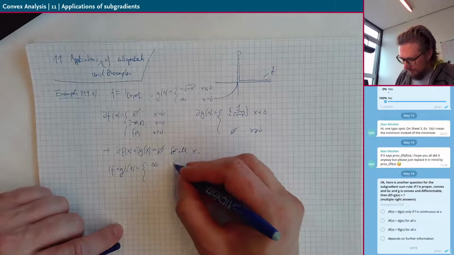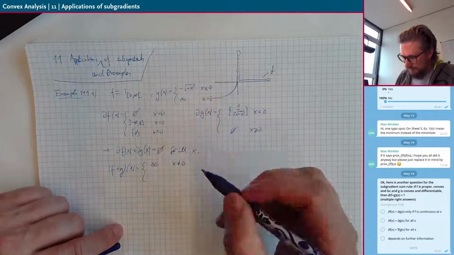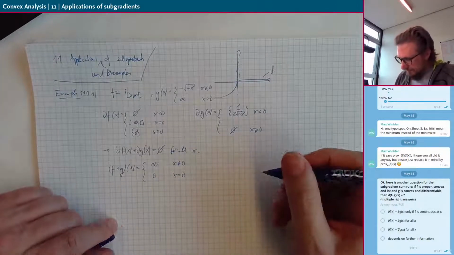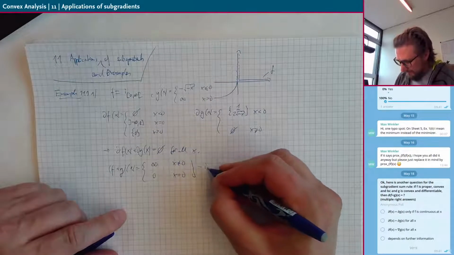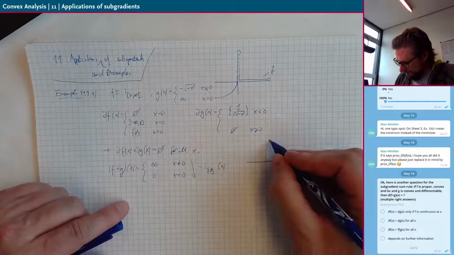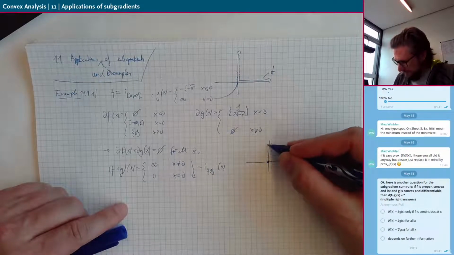So this holds for all x which are non-zero. But at 0, both functions are 0. So the sum is actually very simple. It's the indicator function of the singleton 0. Only here it has a value, and it jumps up to plus infinity right there and also right there.